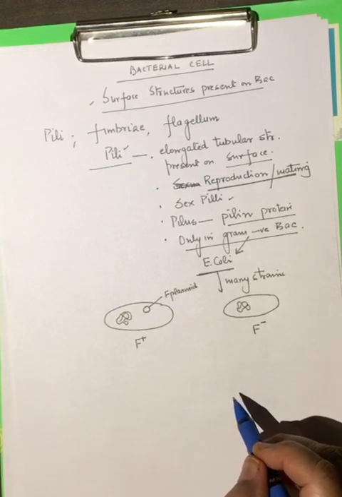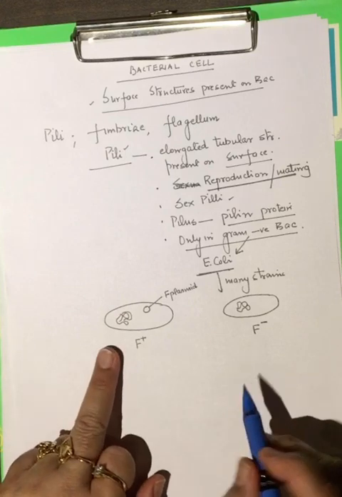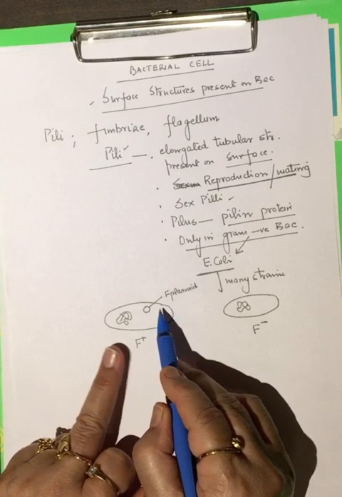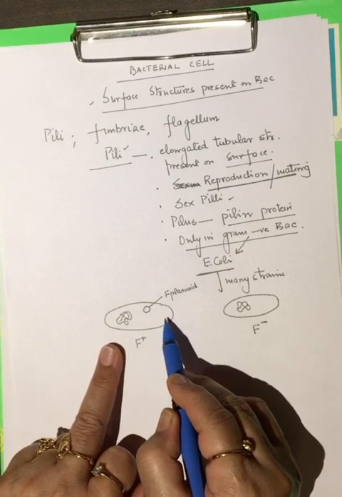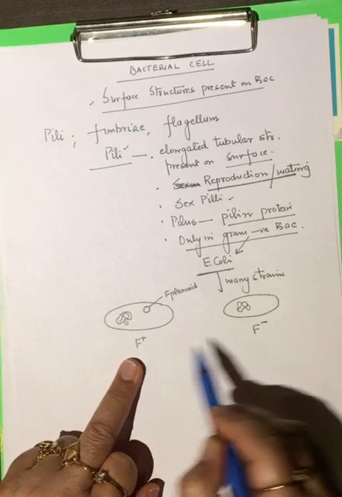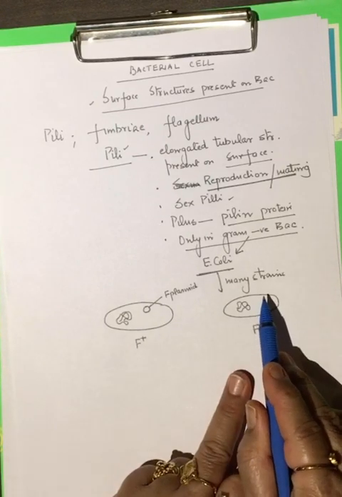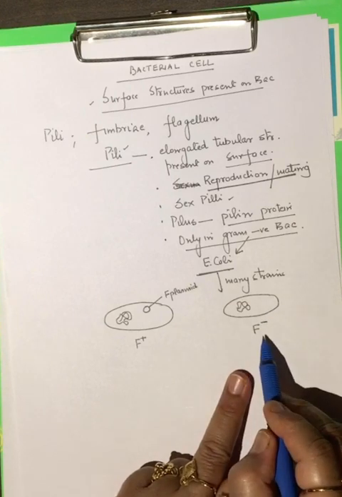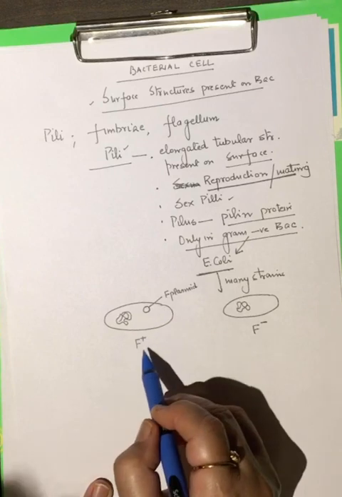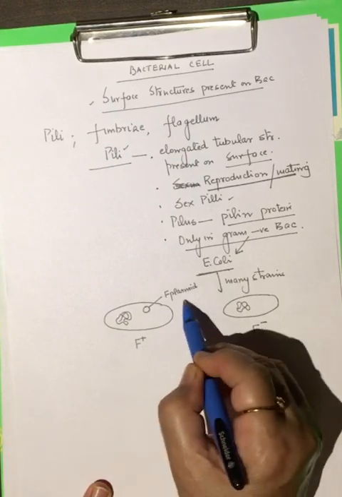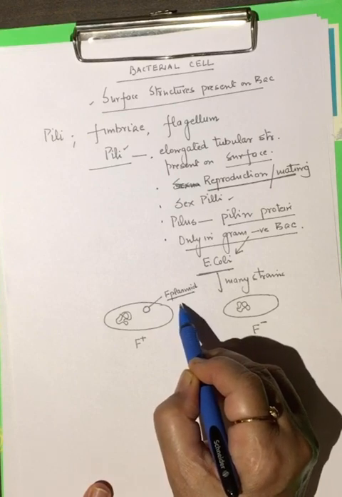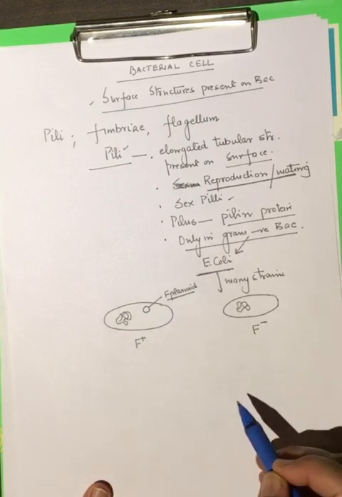So we have different strains of E. coli, a gram-negative bacteria. The strains which have the F plasmid show pili on their surface; they are called F plus. Those which do not have the F plasmid are called F minus, and they do not have the pili on their surface. The bacteria which have the F plasmid carry the gene which lets them have these pili on their surface.